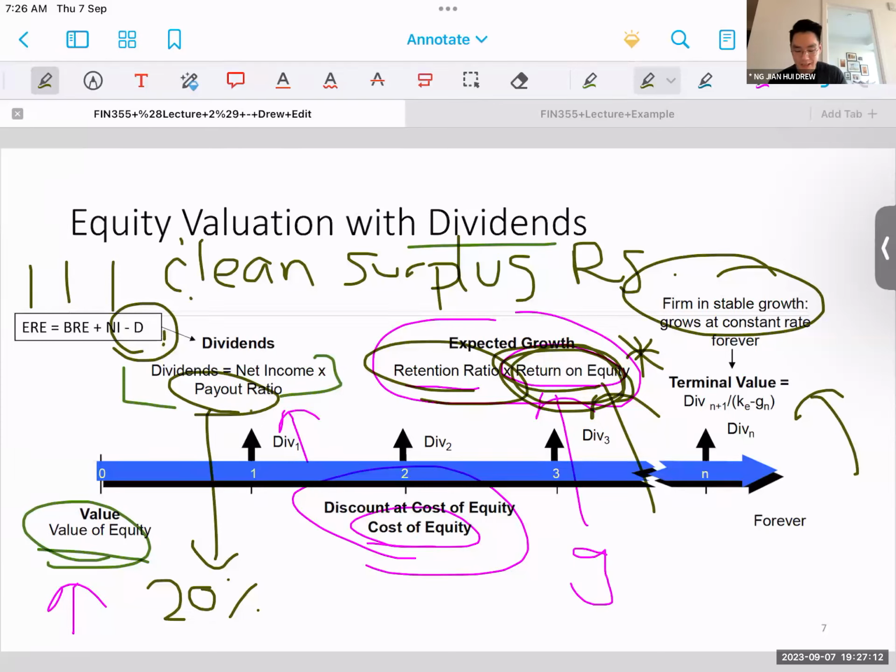I will not explain again how you do it, but basically it's just growing perpetuity. Any questions so far for this summary? All right. So all components of this slide are important because you need to make sure that you choose the right numbers.